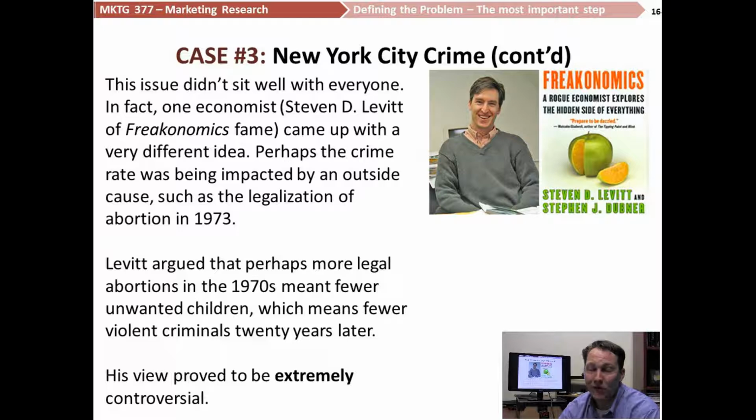It was, after that Supreme Court decision, legal to have abortions, and it was also getting to be a more socially acceptable thing because of that case, so high profile. And Levitt's theory argues that during that time, there were a number of women who would have had unwanted children who didn't.